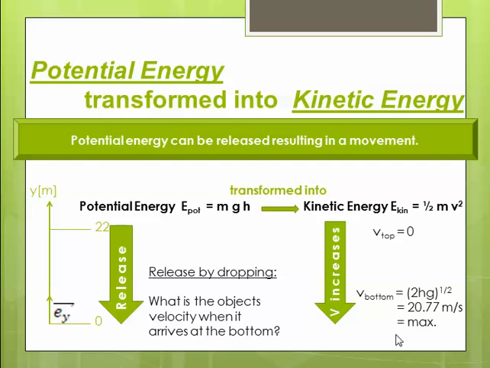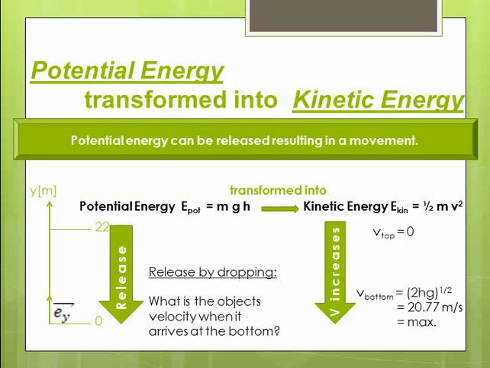The kinetic energy was initially at 0, but then at the bottom it is maximum. But the potential energy at the bottom is 0. So what does this mean? The potential energy is fully transformed into kinetic energy. Every bit of potential energy is transformed into kinetic energy.